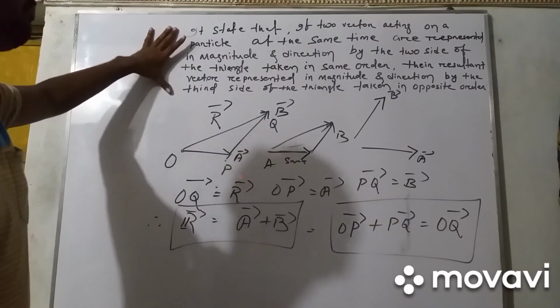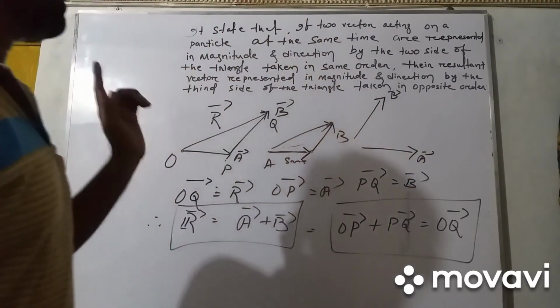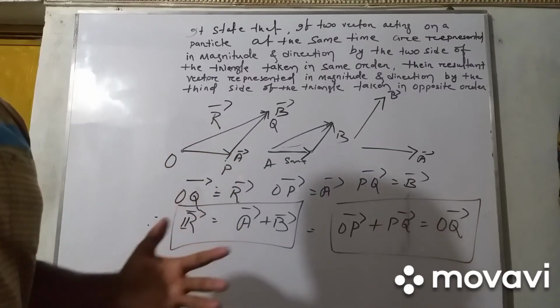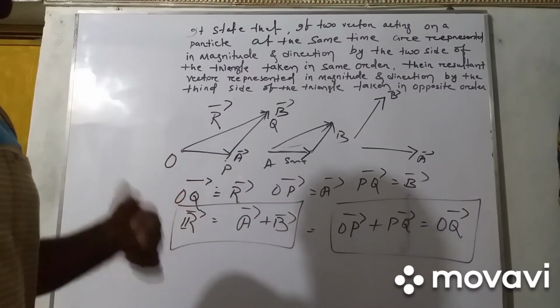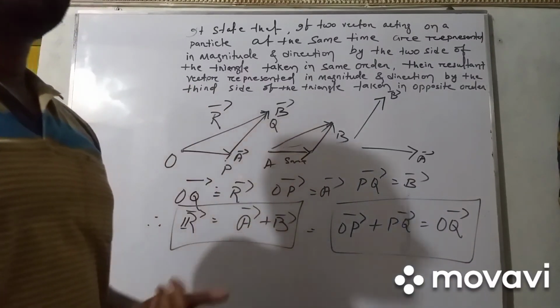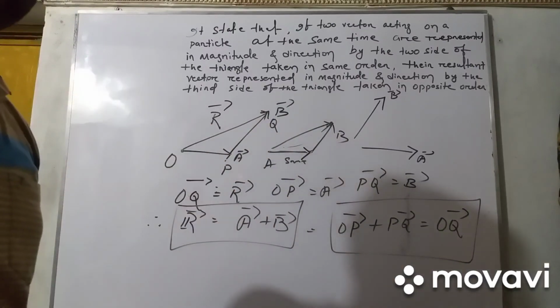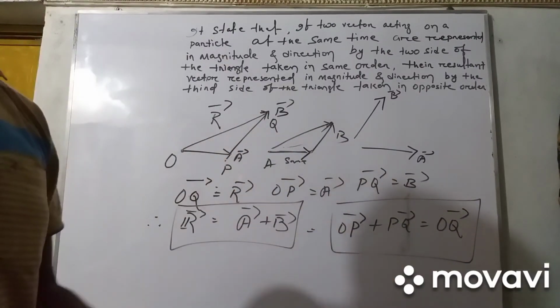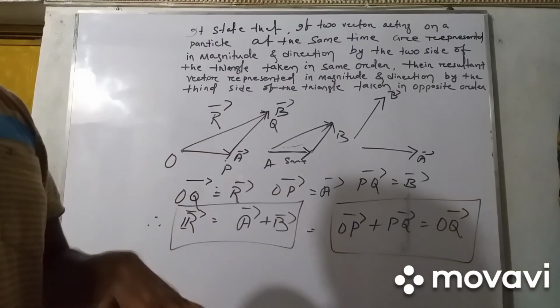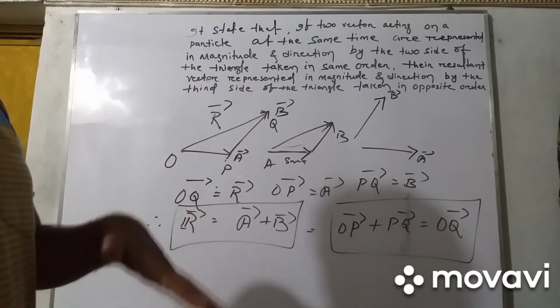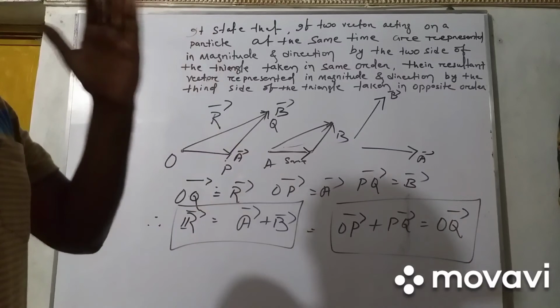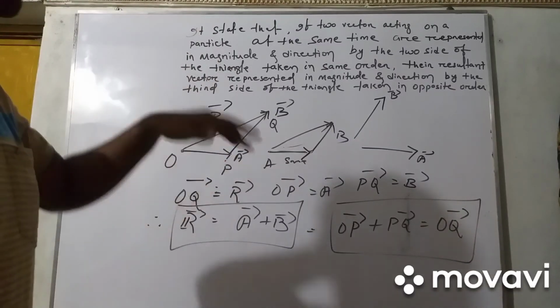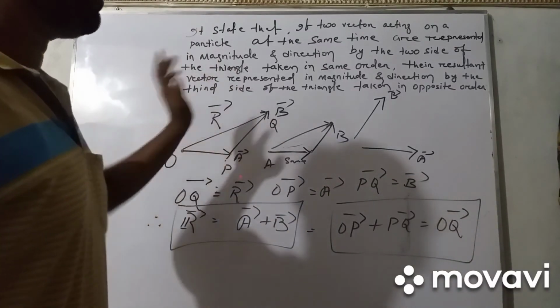If two vectors acting on a particle at the same time are represented in magnitude as well as direction, taken in the same order by the two sides, then the resultant is represented in magnitude and direction by the third side of the triangle taken in opposite order.